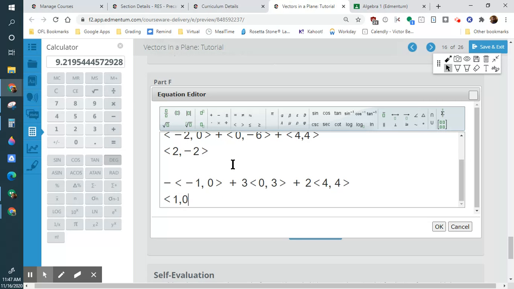1 comma 0, because I'm distributing that negative, plus 0 comma 9 plus 8 comma 8.